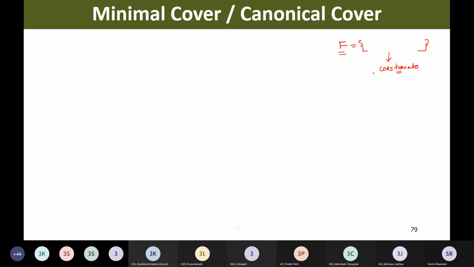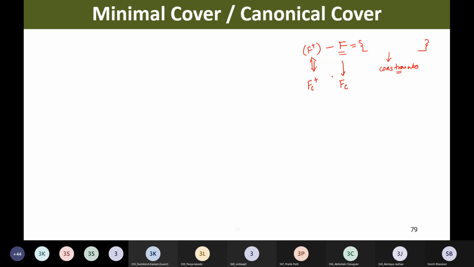Now, to reduce the task of checking each and every functional dependency in F, we can come up with a simplified set denoted as FC, such that the closure of F, that is F plus, and the closure of this simplified set, FC plus, are both the same.